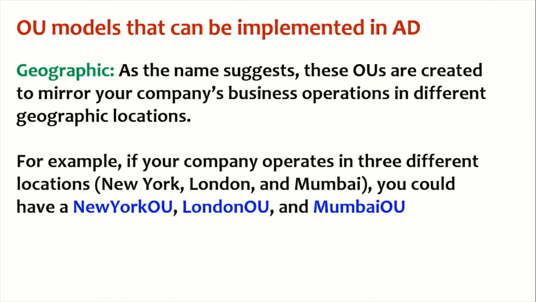For example, if your company operates in three different locations: New York, London, and Mumbai, you can create separate OUs for New York, London, and Mumbai, and you can place the users and computers under those OUs. So these are the three basic design models, and we can design our OU structure based on these three design models.